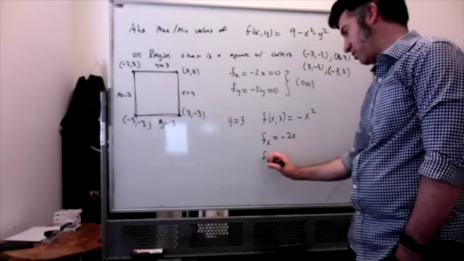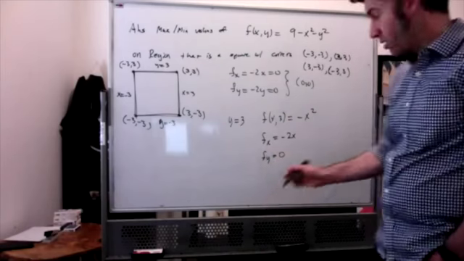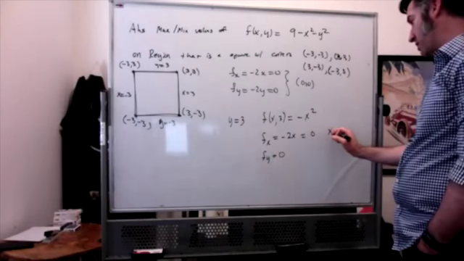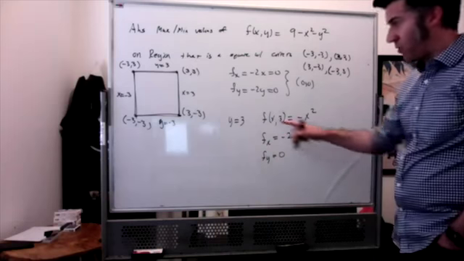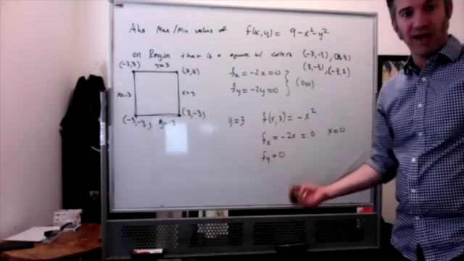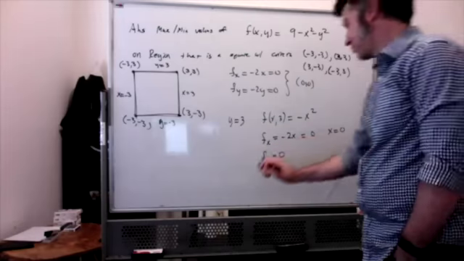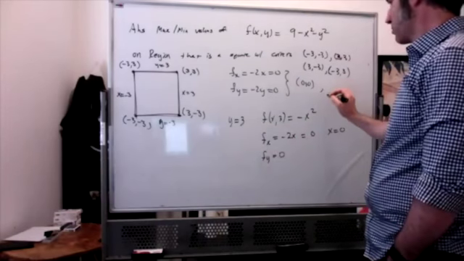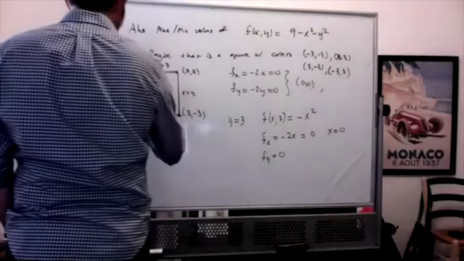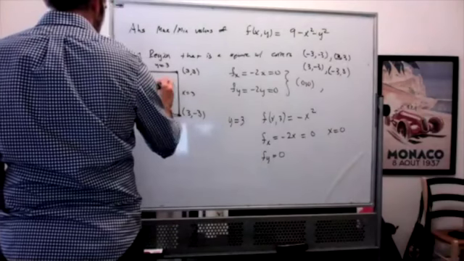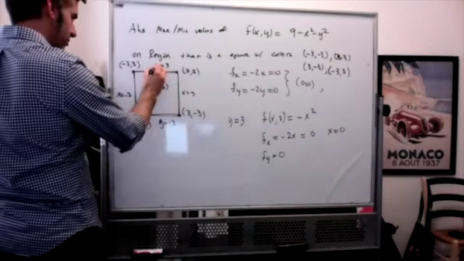The partial with respect to y is just 0. So if I set this equal to 0, I get x equal to 0. So (0, 3) is another point I have to check. So I'm going to make my list over here. So (0, 0), (0, 3).